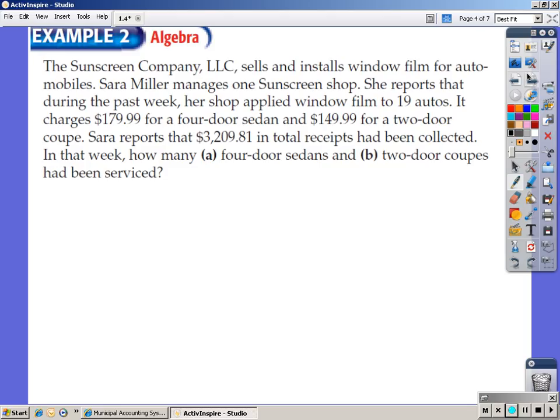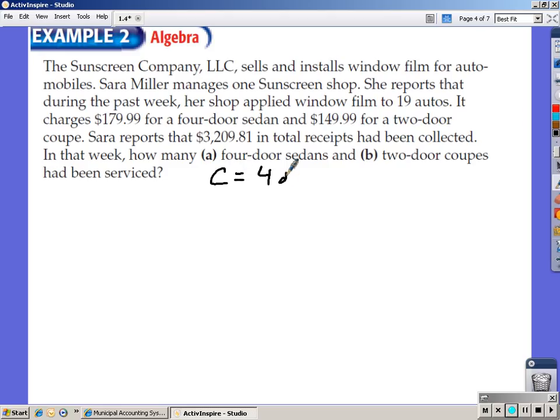Okay? All right, here's how we're going to do this. First thing you have to do is identify your variables. We're dealing with cars here, right? So I'm going to let C equal my 4-door. And it tells me that her shop applied window film to 19 autos, 19 cars.